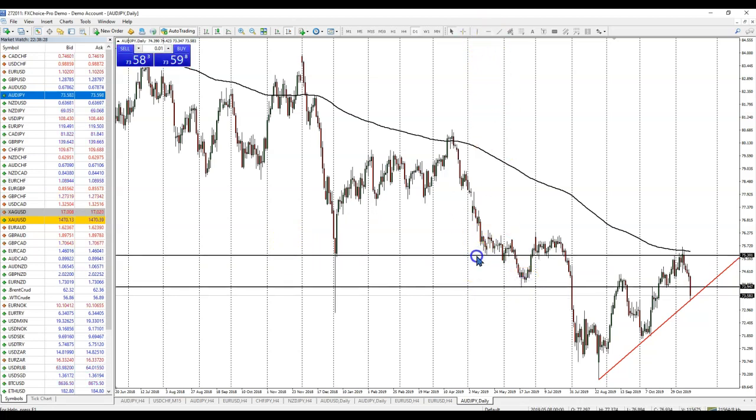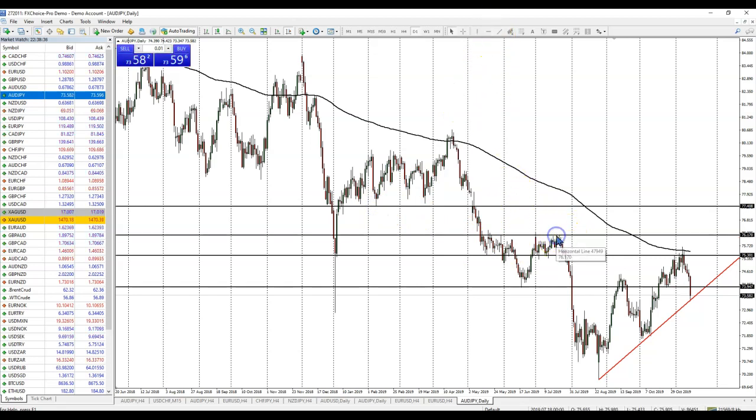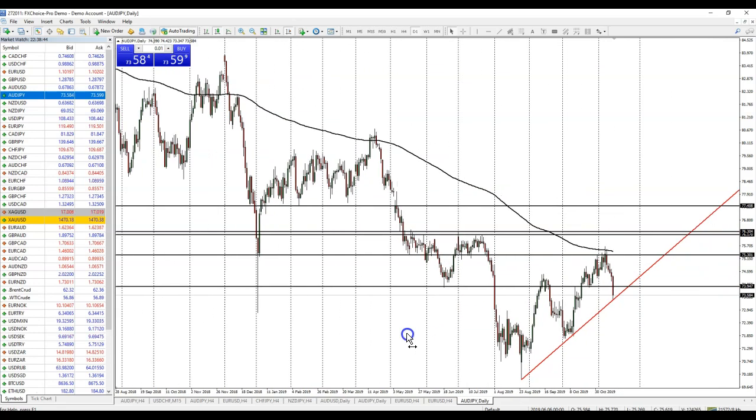Nice double bottom. Don't make it too difficult. If you don't find any levels, don't try to create them. That's pretty much it. Price is still below the 200 EMA, still looking short.